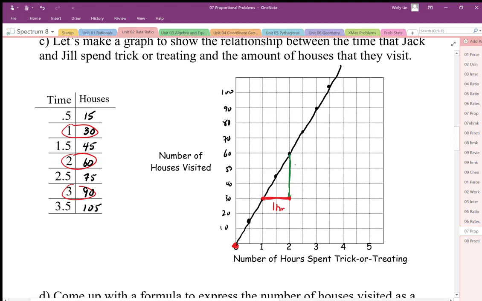Vertically, we have here 30 houses. So this is what we call the change in the x and the change in the y. And this ratio of change is actually what we call slope. So 30 houses in 1 hour, and slope is a ratio. It's actually a ratio of these two terms.